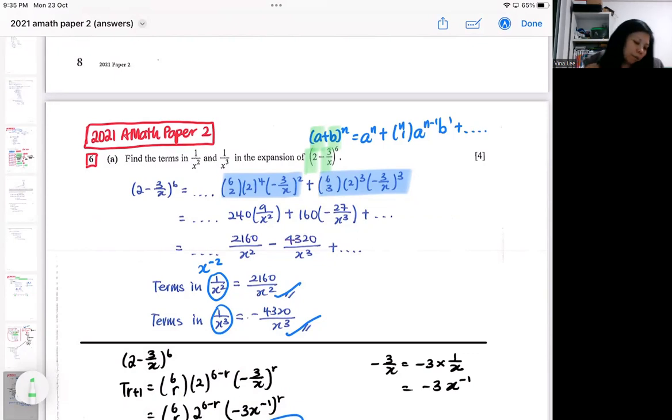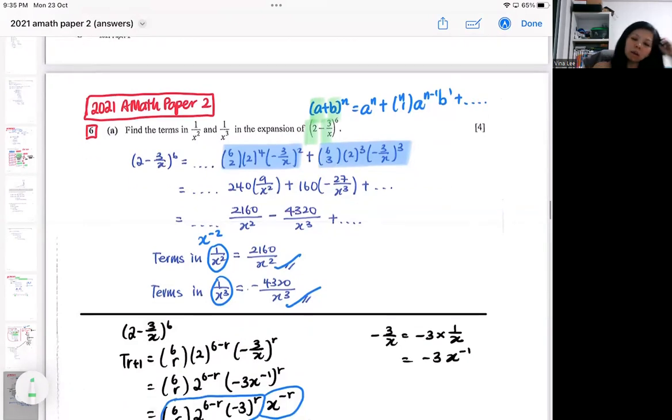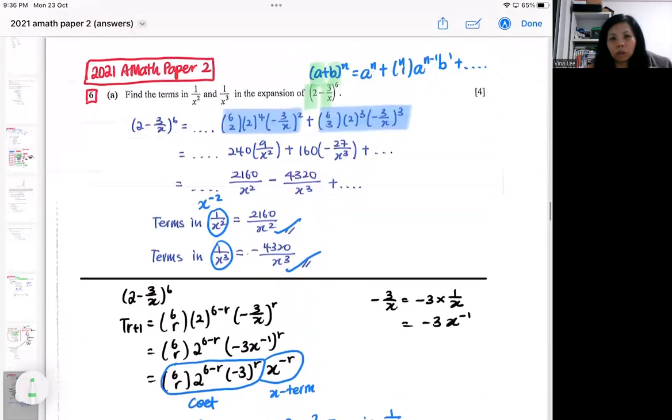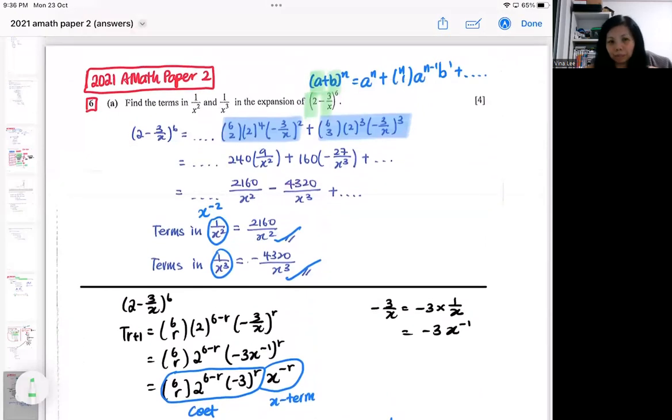Whichever it is, if you find it confusing, when do I use the expansion method or the general formula? Usually both will work. You just go for whichever is comfortable for you. If you're not very confident of executing the general formula, because there's a sign and a fraction involved, then maybe you just go for the basic expansion.